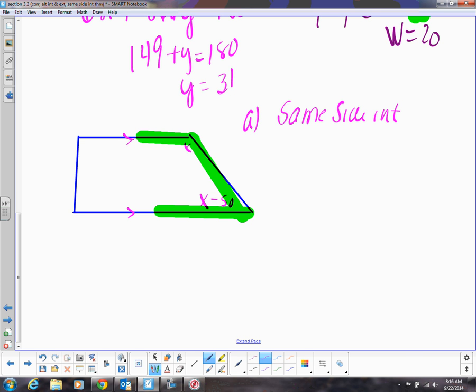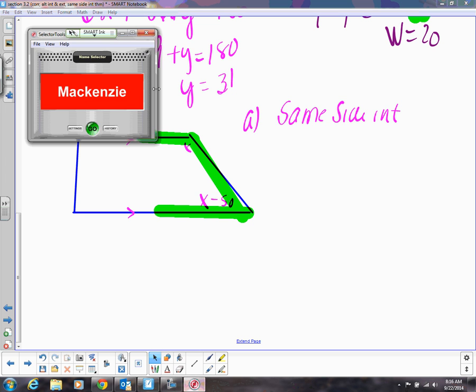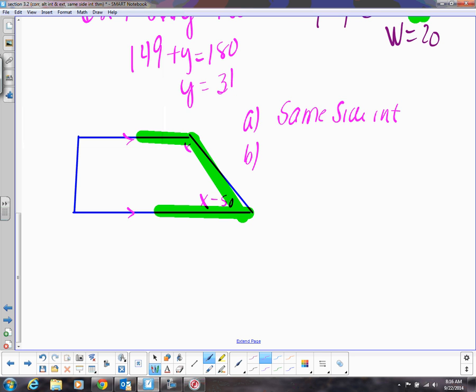So your foldables should be out, and if you've taken the notes you're supposed to have taken, there should be easy questions. So what's this relationship, Alexandra? Same side interior angles are supplementary. That means add to 180.